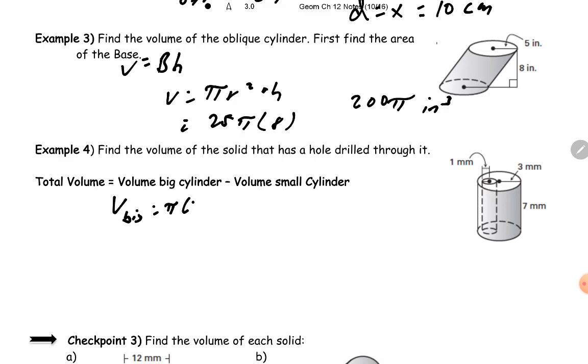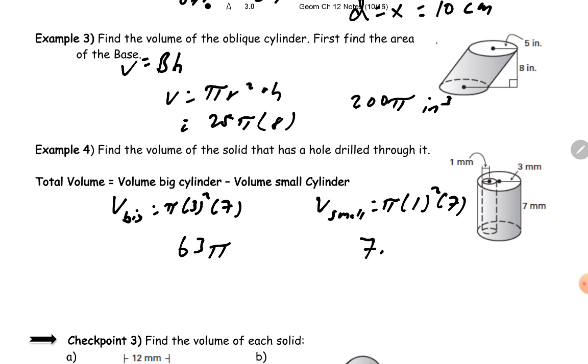So pi times 3 squared times height, which is 7. Okay. Volume of the small is pi times 1 squared times 7. So this one here, I have 63 pi. And the small, I have 7 pi. 63 minus 7 pi is 56 pi cubic millimeters.